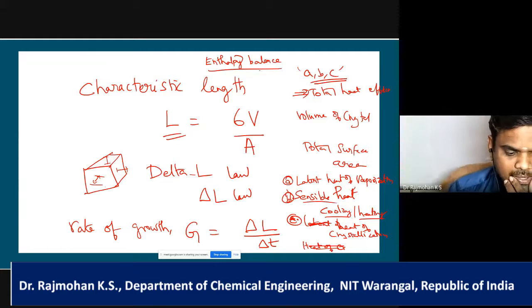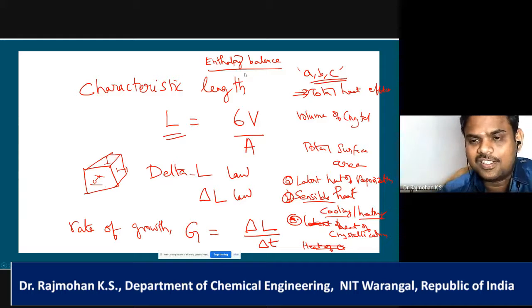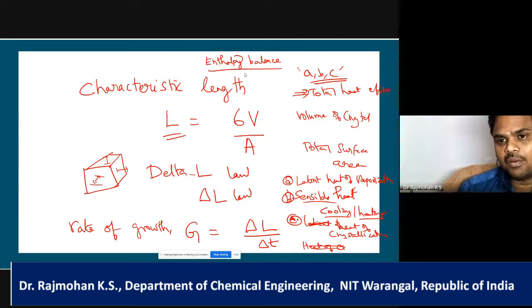What is the enthalpy balance method? You can write the total enthalpy of the leaving stream minus the total enthalpy of everything that is entering is equal to the heat absorbed from the external sources by the system. So that is the enthalpy balance method.